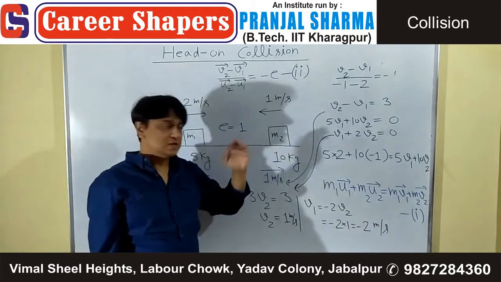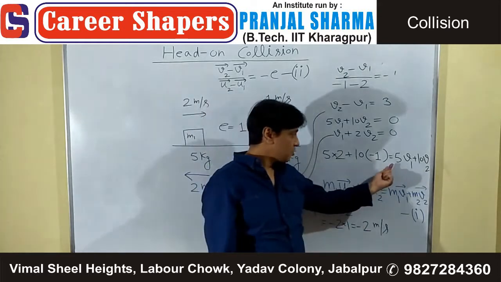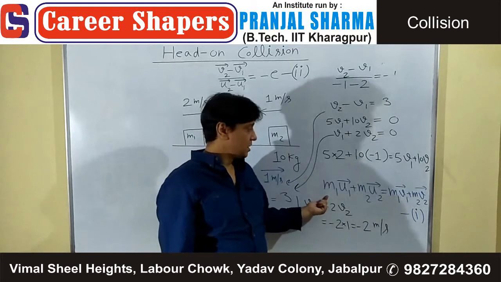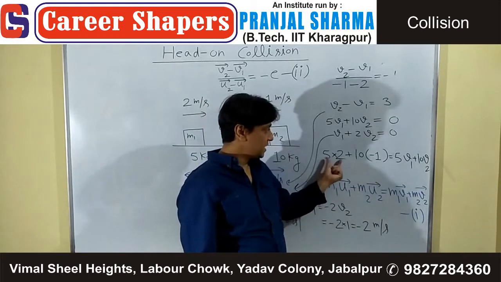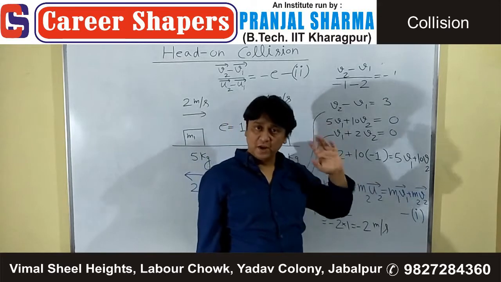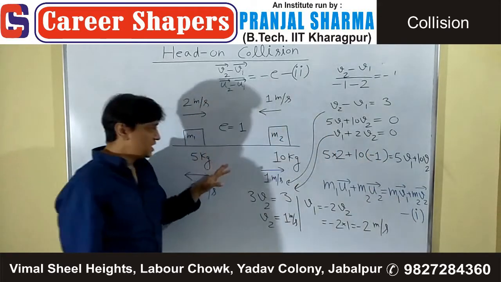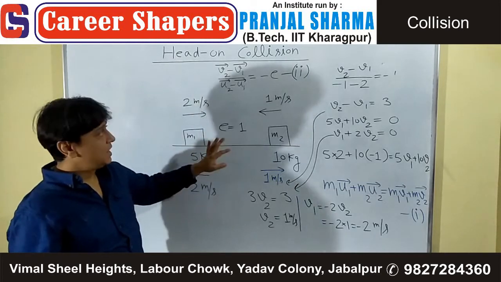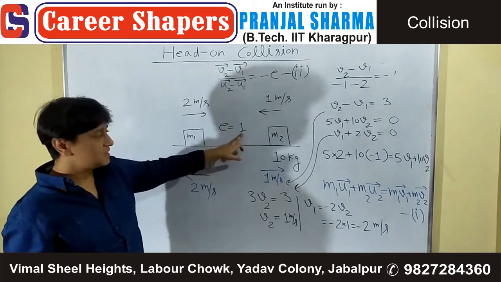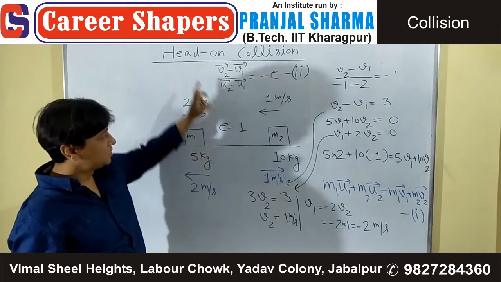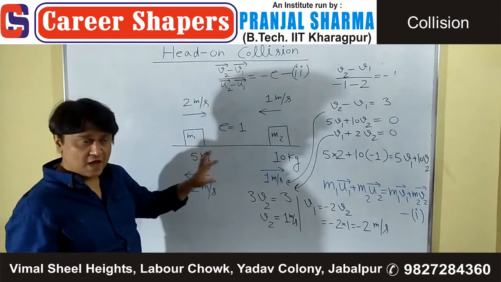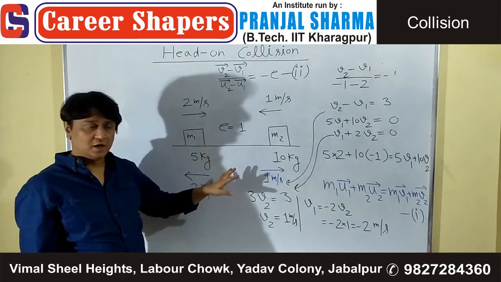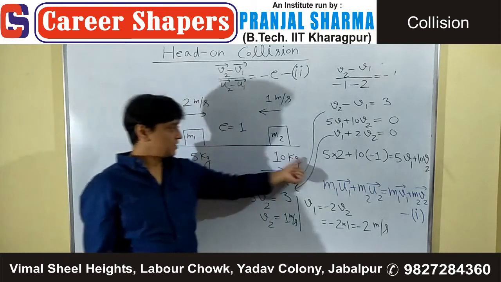Whenever this happens, what happens? You can see 10 minus 10 is 0. So if the linear momentum of the system is 0, and a head-on elastic collision takes place, then these objects simply reverse their directions.